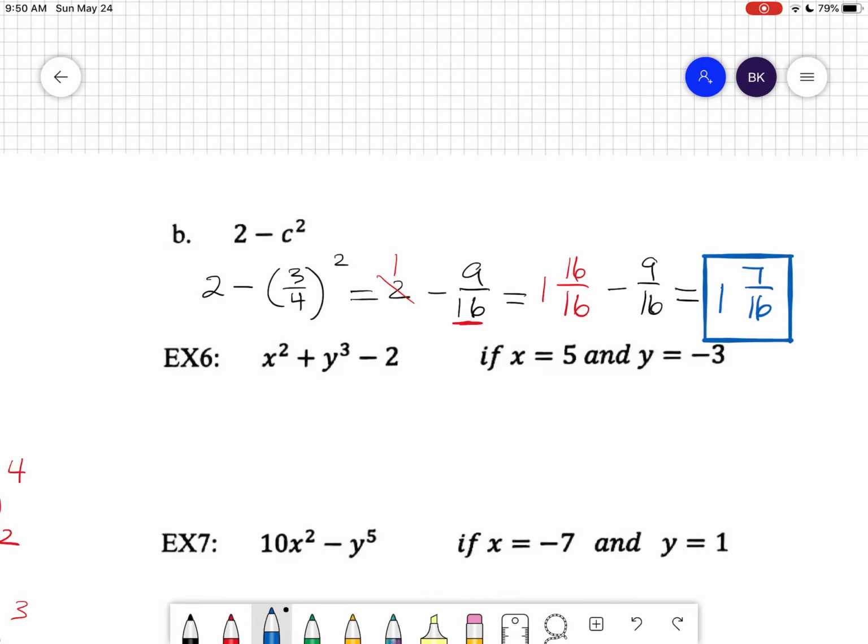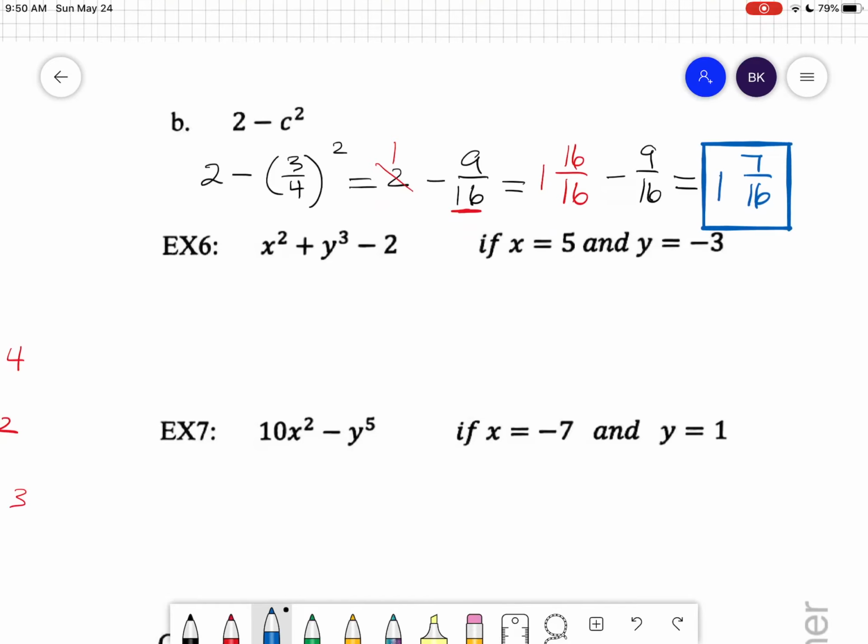Okay, the next set of examples, please pause me and solve these on your own, and then let's compare the answers. So I'm just quickly going to do that. 5 squared plus y, which is negative 3 to the third minus 2. 5 squared is 25. Negative 3 is inside of the parentheses.